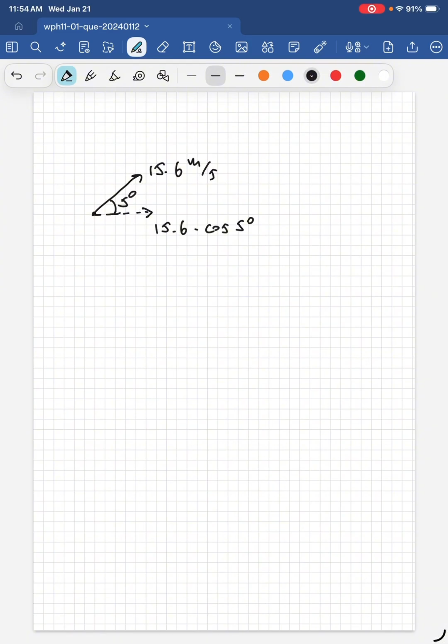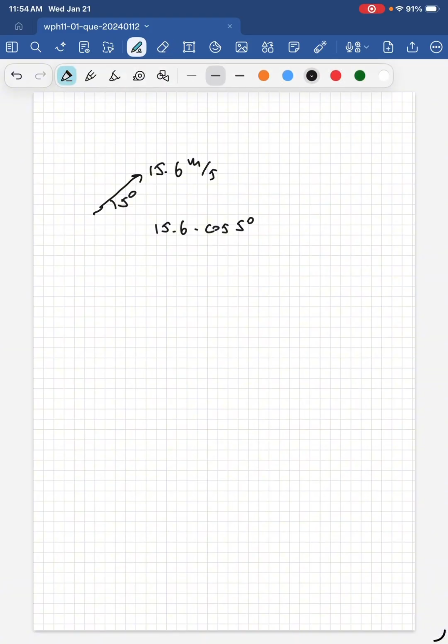Remember what I said earlier? This 5 degrees angle touches the horizontal component of the velocity vector. Therefore, we use cosine. Actually, let me use a different color for the components. Okay, so let me erase this.